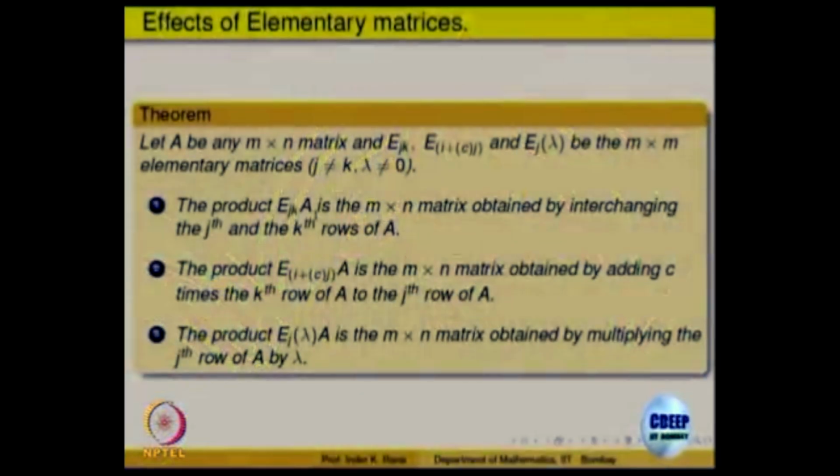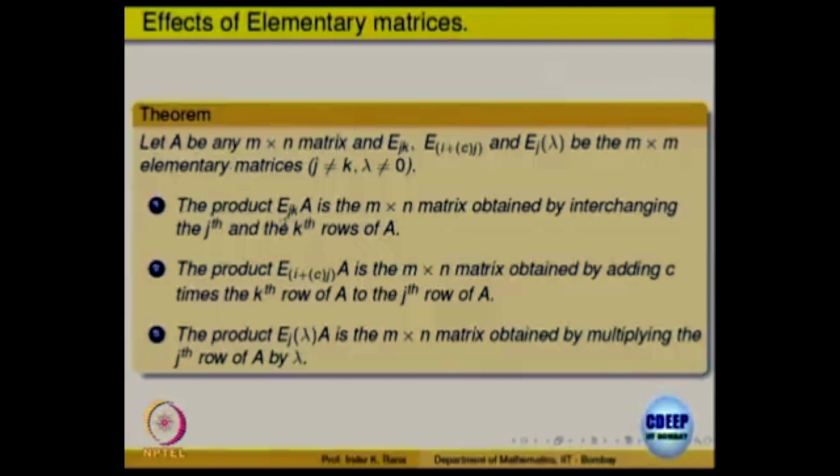So it says the product of Ejk with A. Okay, A is a matrix which is m cross n, m rows, n columns. So what should be the order of that matrix Ejk? You should be taking m cross m, because you are going to pre-multiply, right. A is m cross n, so you should be taking the identity matrix m cross m, doing the operation there and pre-multiplying.